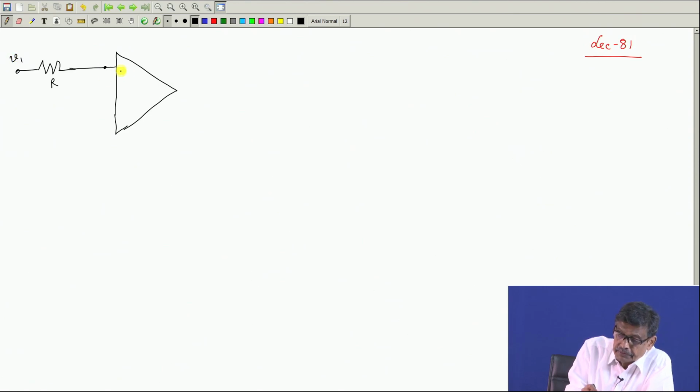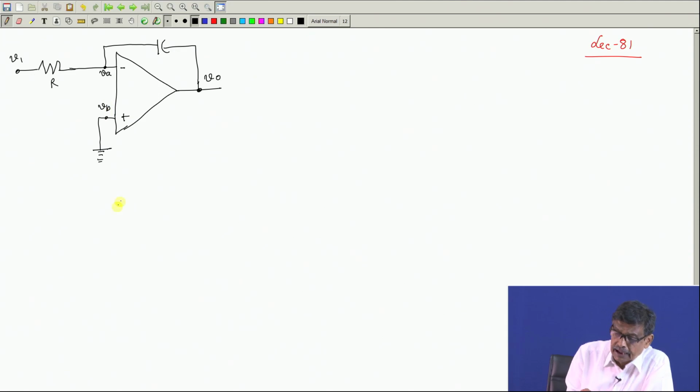This, mind you, is negative, this is plus, and here you connect a capacitor. This will be your output signal and this is grounded. Mind you, this is your V A and this is your V B.